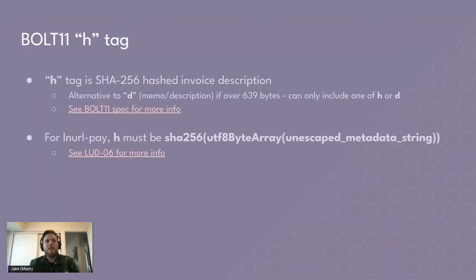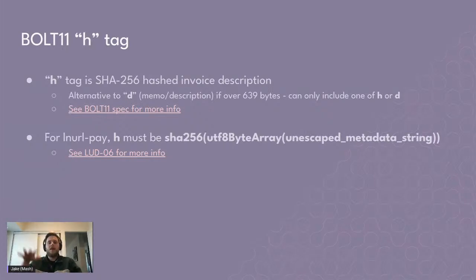And in this case, in that little snippet there, I promise this is the only code in this presentation that's taken from the LNURL repo. It's basically saying you need to take your unescaped metadata string, without the slashes and that sort of stuff, create a UTF-8 byte array, and then generate the SHA-256 hash from that.